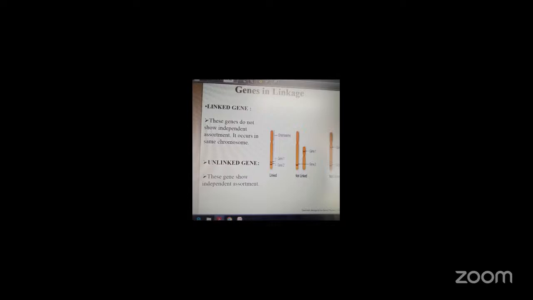The chromosomal theory was proposed by Morgan, and the differential multiplication theory was proposed by Bateson. Bateson said that after the segregation of genes during gametogenesis, certain genes multiply faster than others.